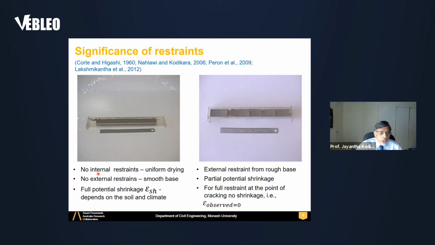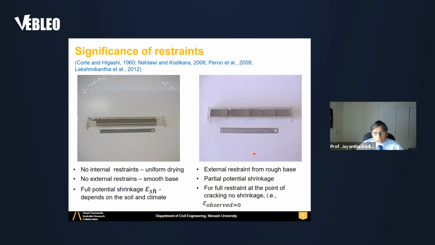You can see no internal restraints, uniform drying because we dried it slowly, no external restraints, smooth base. Therefore, if we don't have any internal or external restraints, you will get full potential shrinkage, referred to as epsilon SH, and this depends on the soil and the climate.